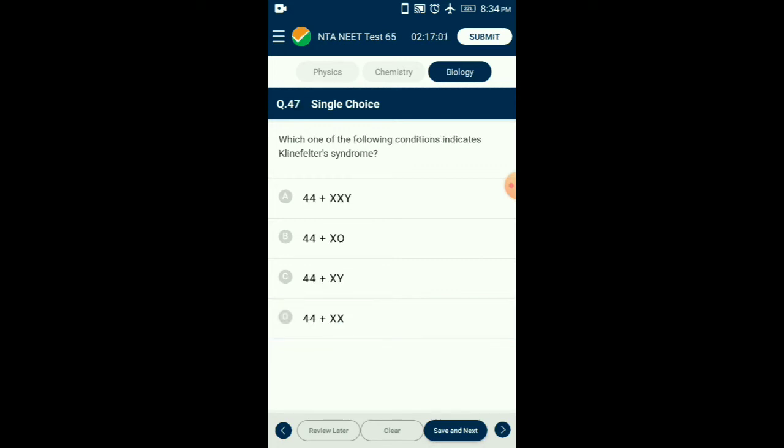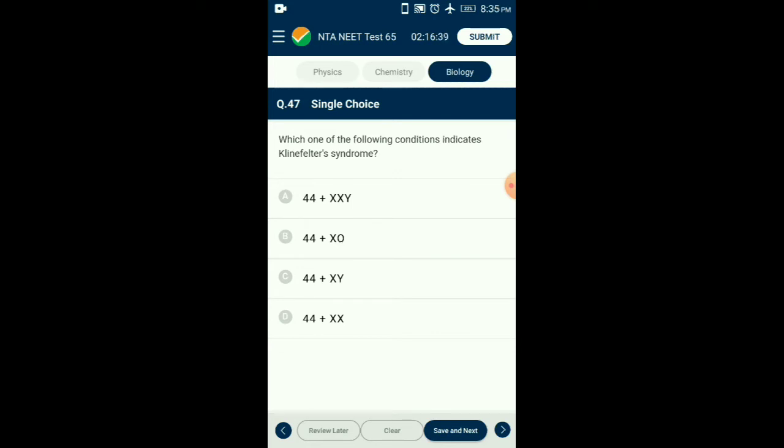Question number 47. Which one of the following condition indicates Klinefelter syndrome? Sex determining mechanism in human is XY type. Out of 23 pairs of chromosomes present, 22 pairs are exactly same in male and females. These are called as autosomes.